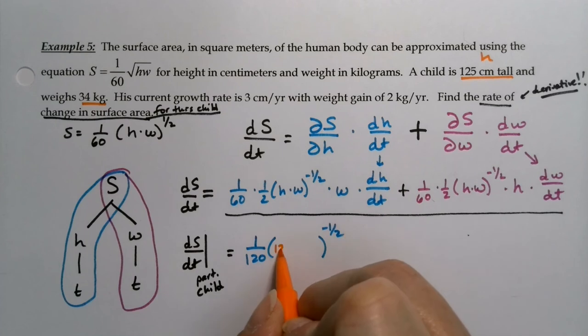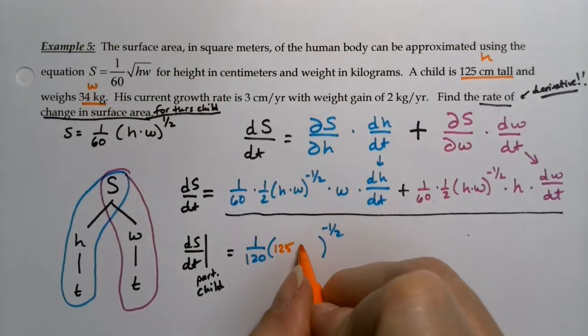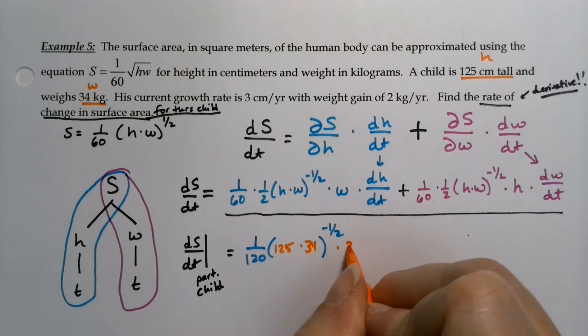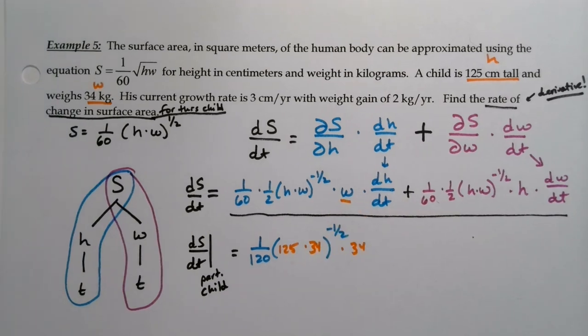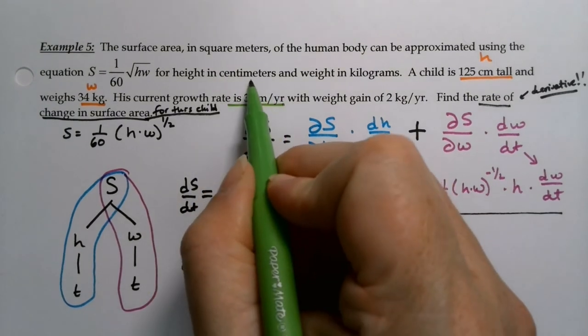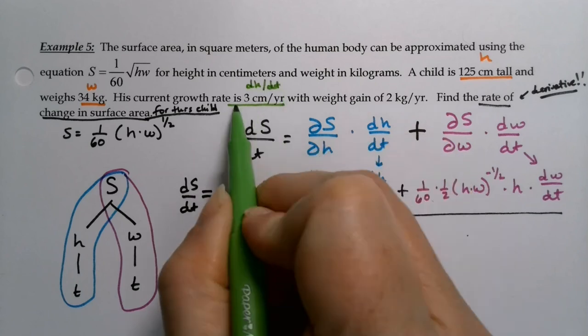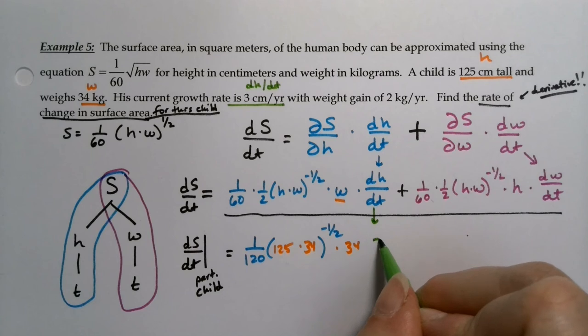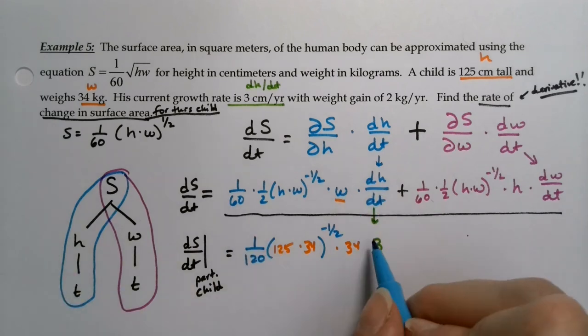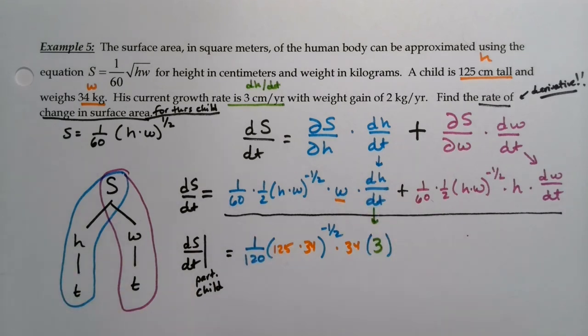So it's 125, and that's w, times 34, times another 34, because there's another w, and then dh dt, they gave us that as well, because dh dt is right here. It's how fast they're growing. So this becomes 3.